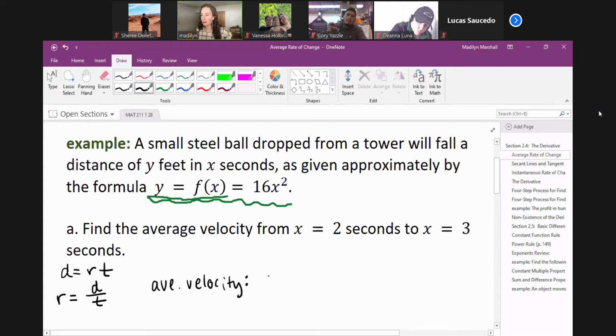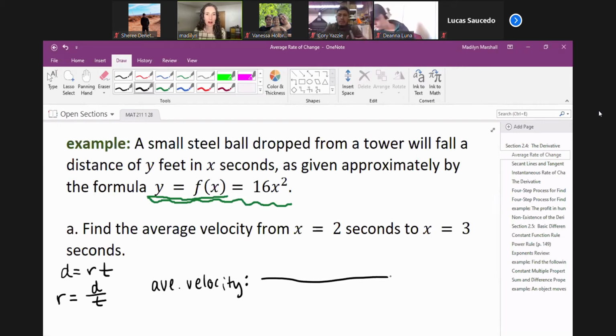So we need to know the distance that this ball is moving over the amount of time that it goes to find the average speed. We know that the time is 1 second because it's traveling from 2 seconds to 3 seconds. How are we going to find the distance that it traveled?